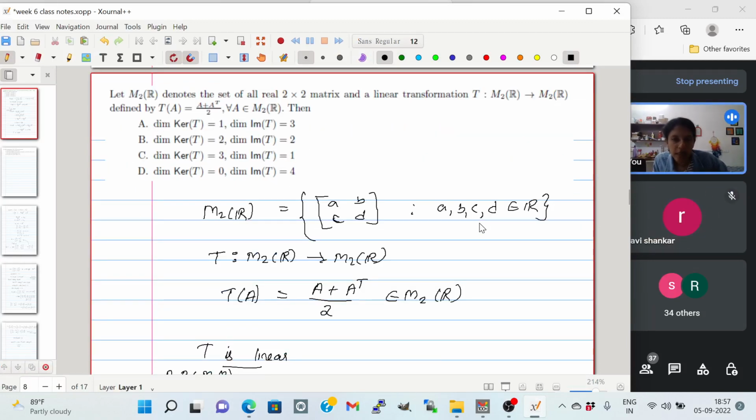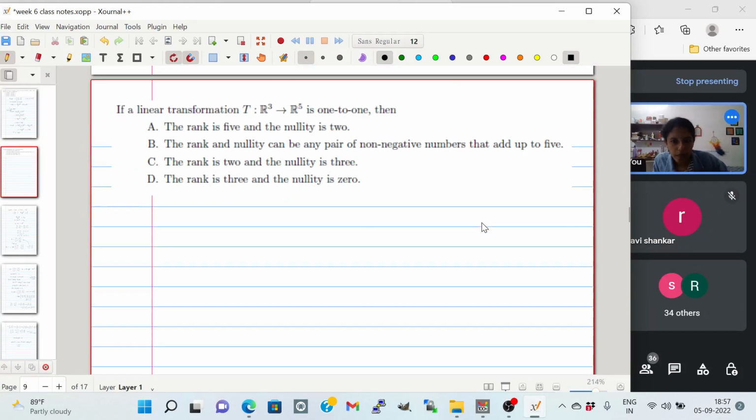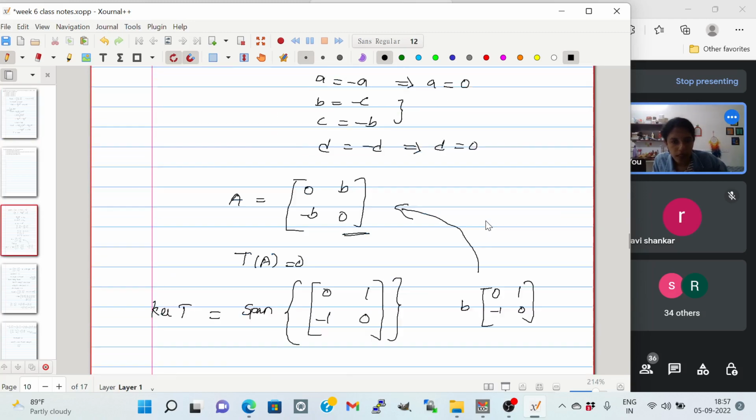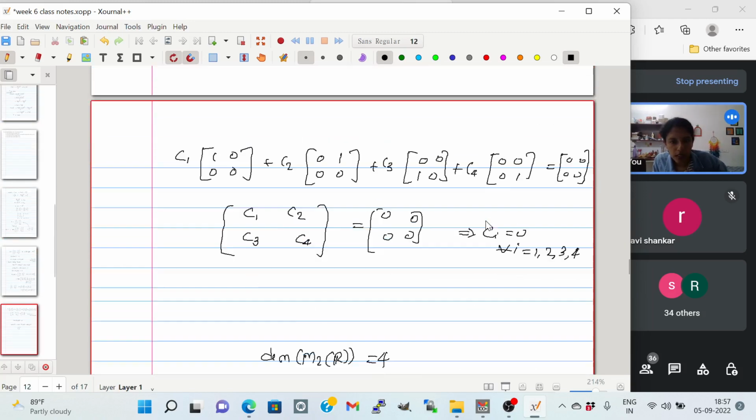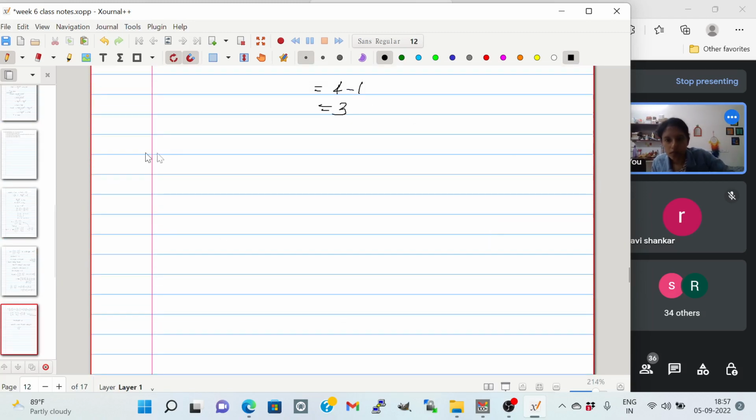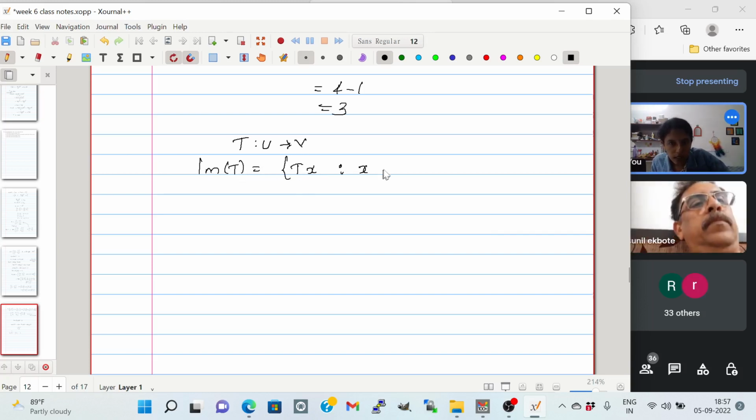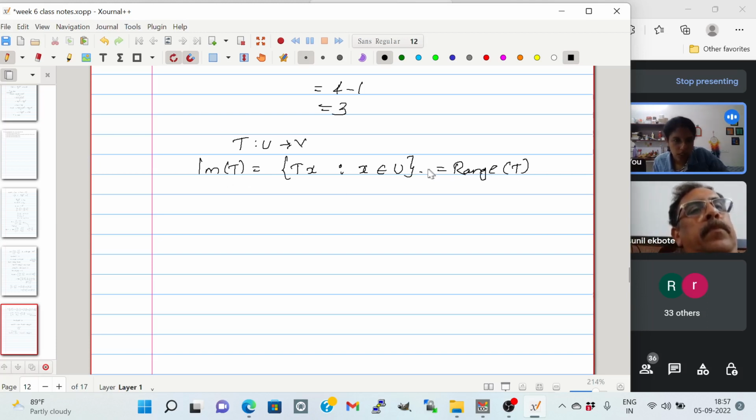Image of T means the same as range of T. Image of T means the set of all Tx, such that, if T is from U to V, x is an element of U. This is the same as range of T. These are just two terms representing the same set.